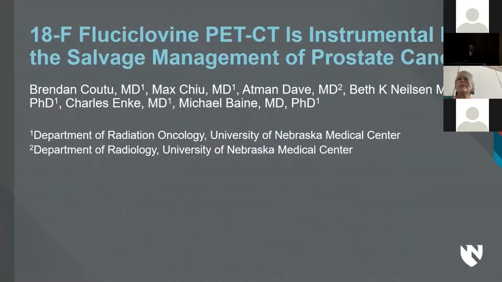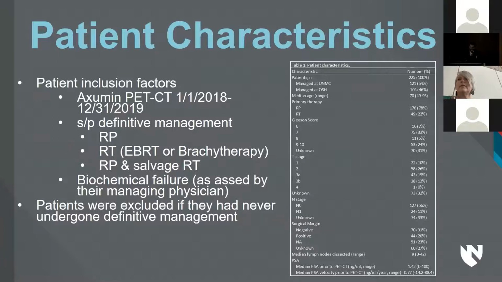And so we did this study with Dr. Ank and Dr. Bang, and we collaborated with radiology as well. So we analyzed those 225 patients. They were assessed after prostatectomy, radiation therapy, or prostatectomy and salvage radiation therapy.